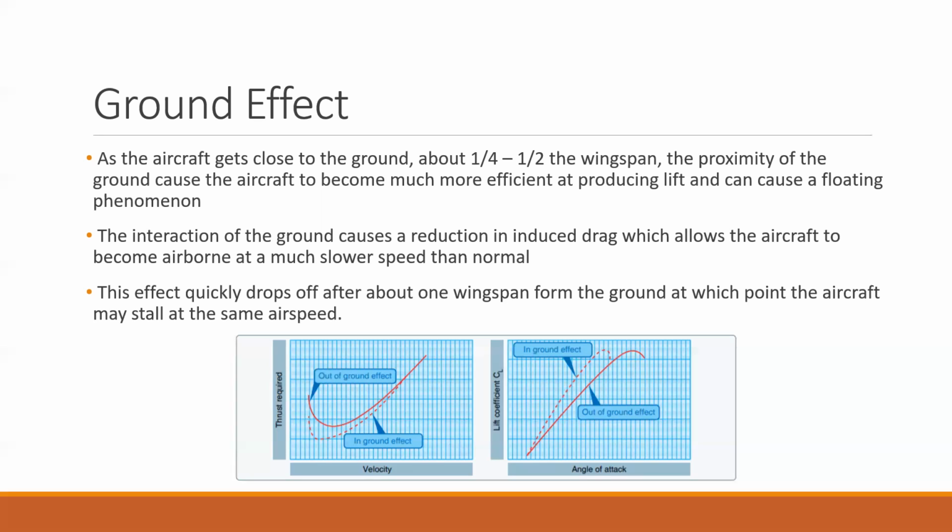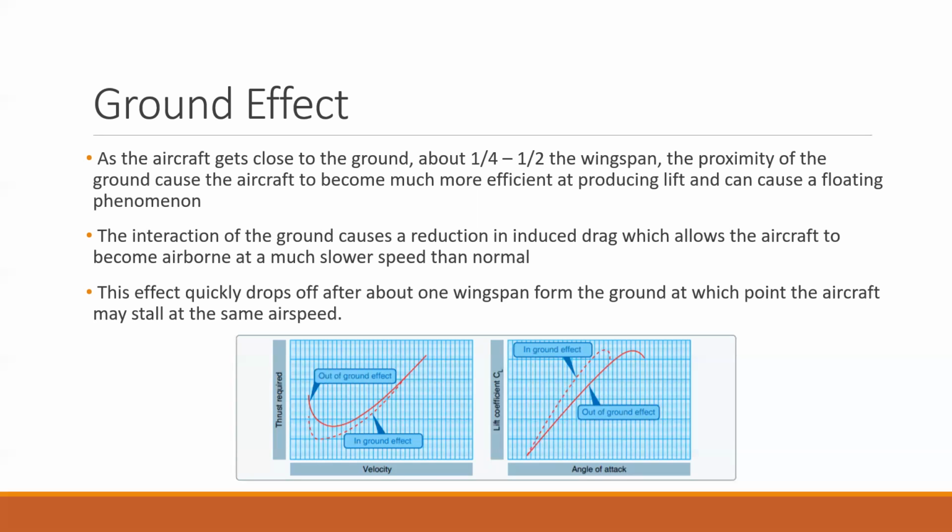There's actually several techniques used for what we call performance takeoffs, which include soft field takeoffs and short field takeoffs, where you basically use ground effect to your advantage to get off the ground and get to airspeed faster so that you can perform that takeoff.